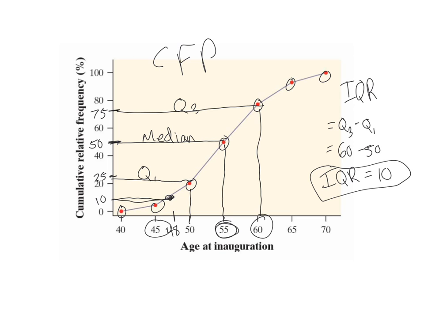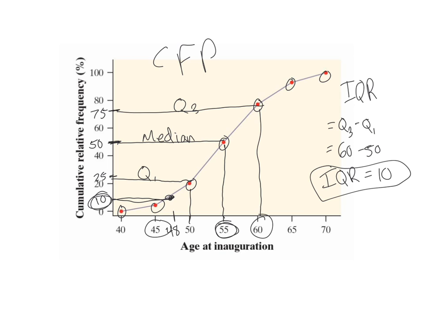So we could say within the scope of presidents, that president was unusually young at the age of inauguration, okay? Because he was only older than 10% of all presidents, okay? So that's how percentiles and cumulative frequency plots kind of blend together.